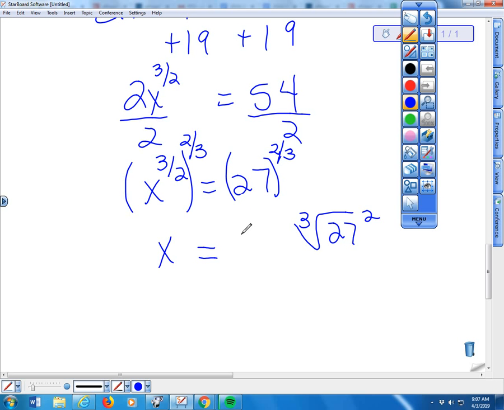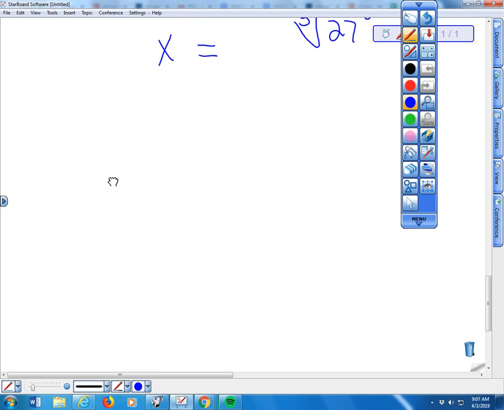6x to the 3/2 minus 141 equals 1917. So first I'm going to do what? Add 141. I was hoping I brought a calculator over, but I couldn't.